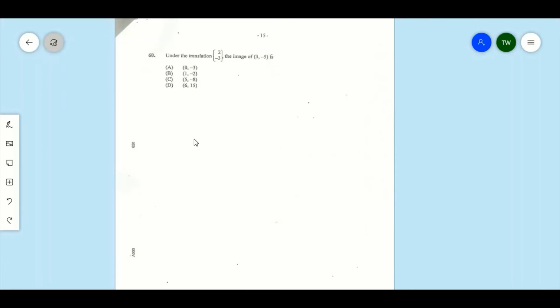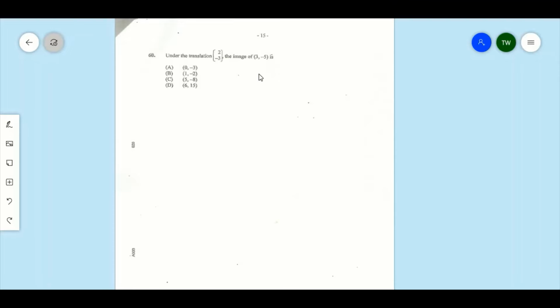Now to our final question, which is 60. Under the translation (2, -3), the image of (3, -5) is.